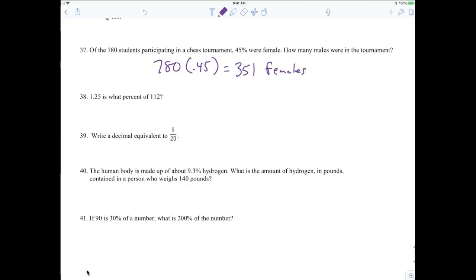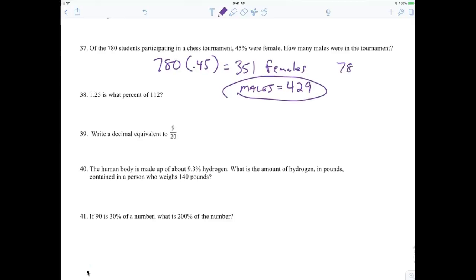Yeah, so the males would be what? Don't, Caroline. Don't be sorry. 429. Does anybody else agree with 429 males? Now, can somebody tell me another way we could have done that? We could have just taken what? You could do that also. All right. You could have said 780 times 0.55. It would give you the same answer. Because again, 55% are what? Male.